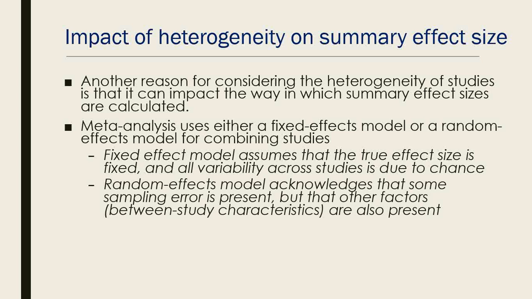The random effects model acknowledges that some sampling error is present, but also that there are other factors, so between study characteristics, that are also affecting the summary effect size.